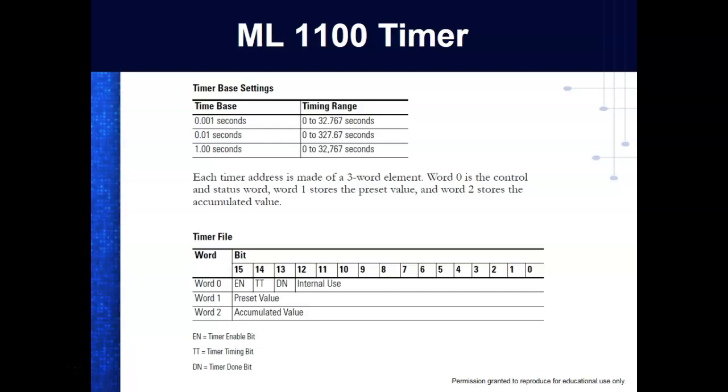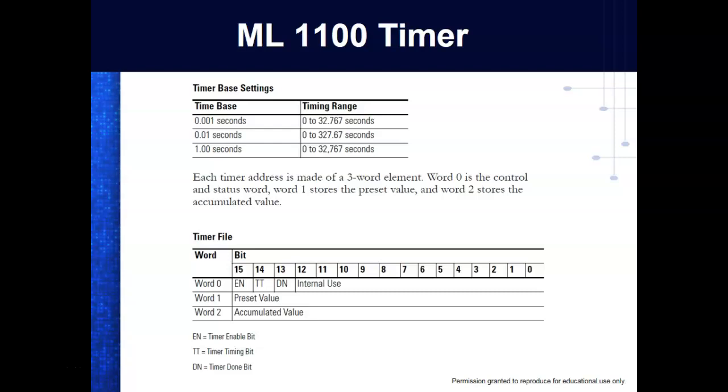So every timer you specify automatically takes 3 bytes of memory. So if you went up to all 255, it would be 3 times 255 for every timer that you set up. So word 2 would be the accumulator, word 1 would be the preset, and then this would be the flag register right here. So they waste all these bits right here.